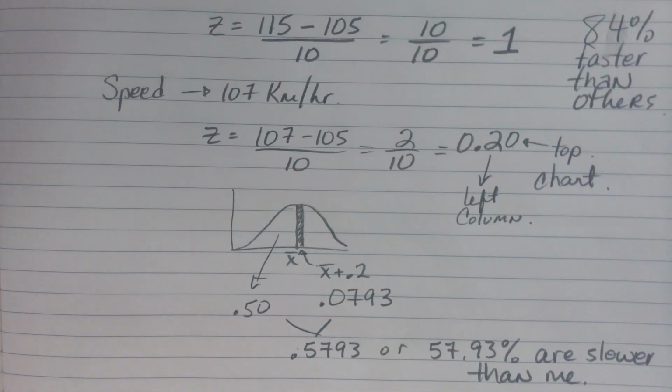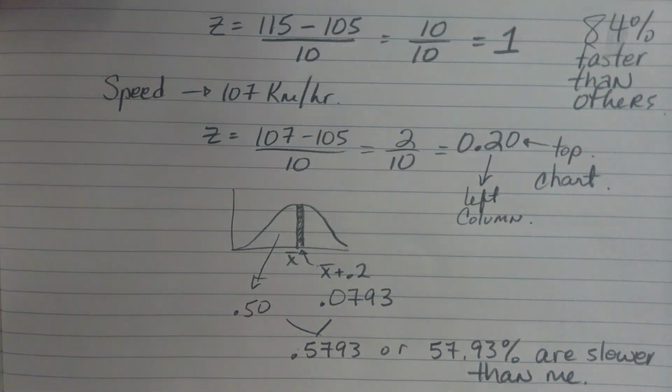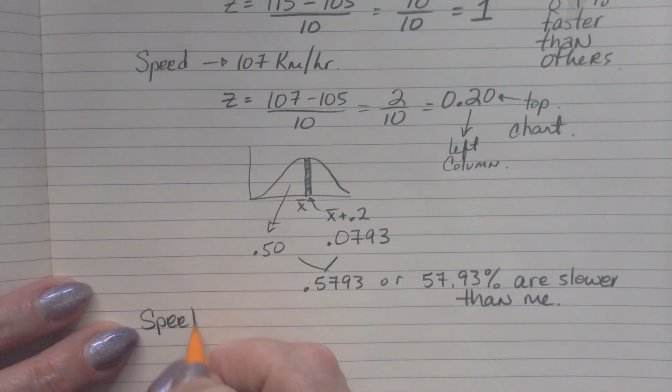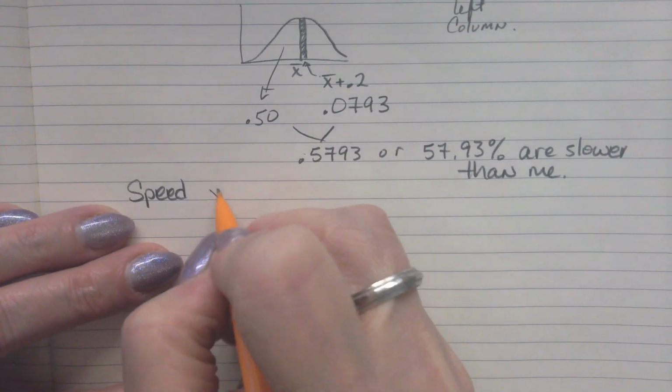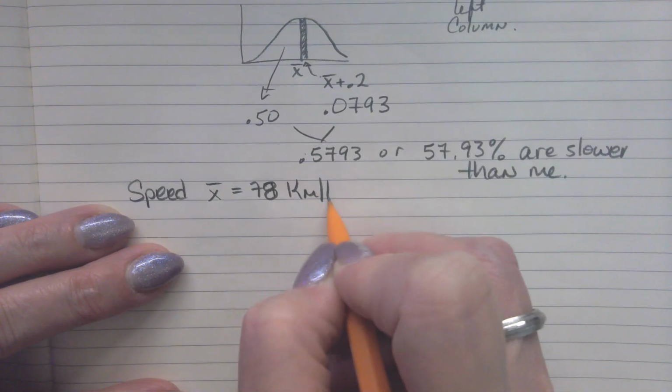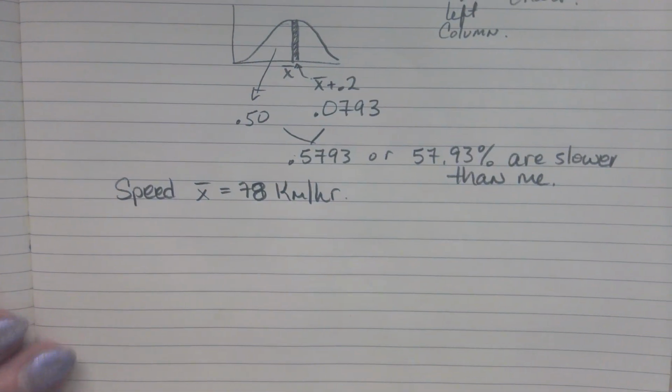Let's say that I went super slow. The roads got really nice and icy, and I am down to an average speed of 78 kilometers an hour. Figure out how many people are slower than me.